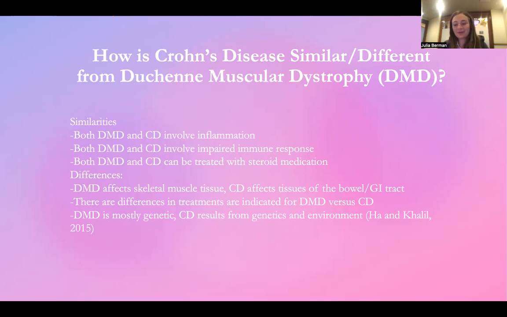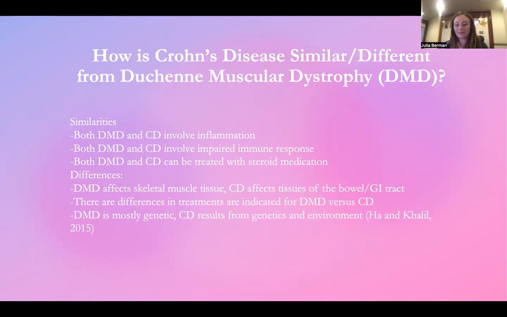DMD is often treated with gene therapy drugs and medications to help reduce strain on the heart and maintain heart health, as well as respiratory health. Because in DMD, altered dystrophin expression leads to a progressive muscle disorder, whereas Crohn's is more localized inflammation in the bowel.